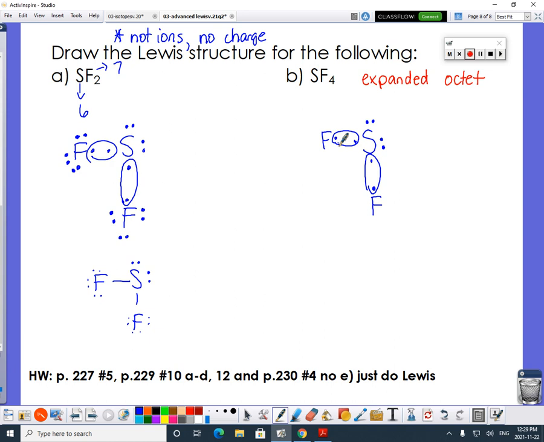So fluorine is a very electronegative atom. In fact, it is the most electronegative, which means it's very, very, very greedy for electrons. So what fluorine can do, it can actually steal and break apart a pair, okay?